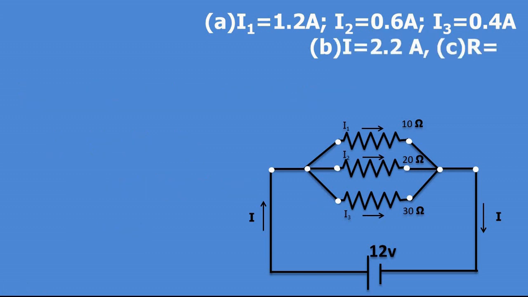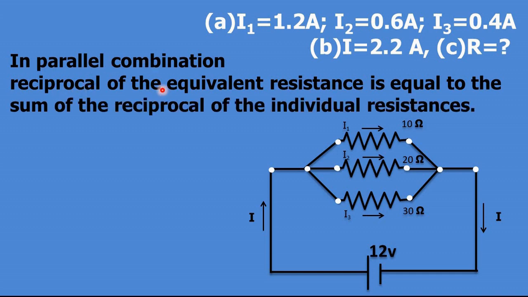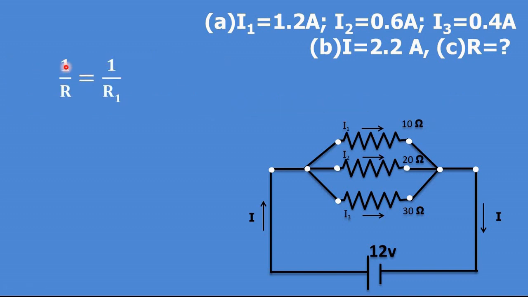The last question is, what is the value of R, the effective or equivalent resistance of the combination? We know that in parallel combinations, the reciprocal of the equivalent resistance is equal to the sum of the reciprocals of the individual resistances, which is given by 1 by R equals 1 by R1 plus 1 by R2 plus 1 by R3. We know the values of R1, R2, R3.